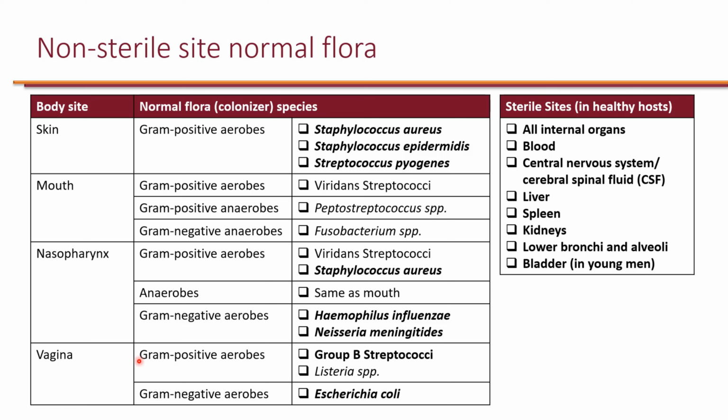And then in the vagina, there are flora. For example, E. coli is a resident of vaginal tissue, as well as group B streptococci and Listeria.